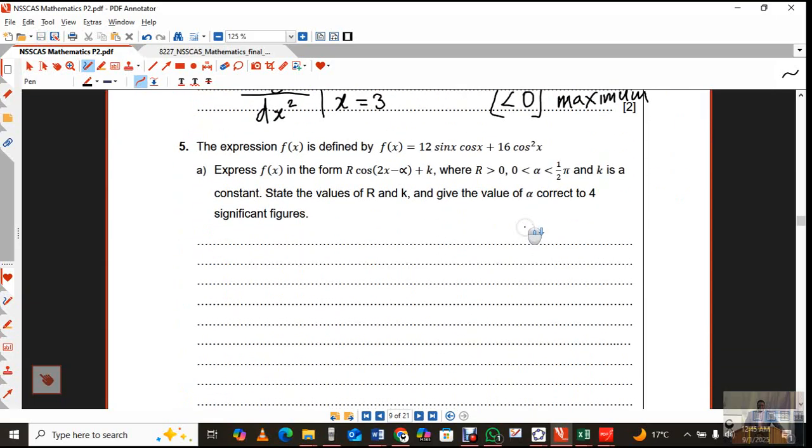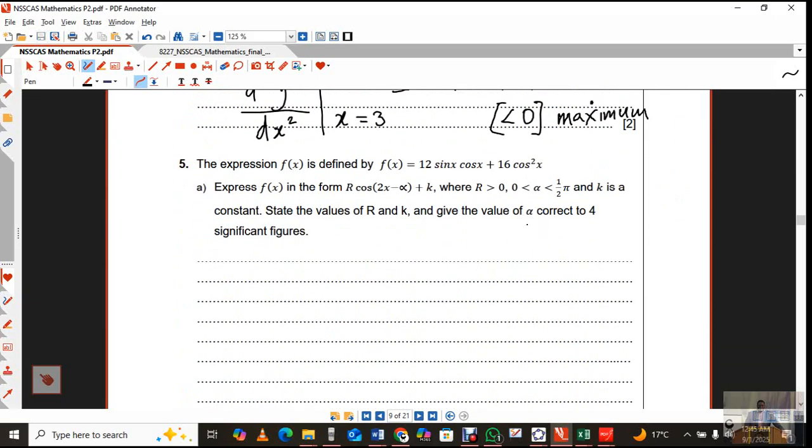Question 5. Now, there's a lot in this question. Maybe we'll have to add more pages as we go along. The expression f of x is defined by f of x is equal to 12 sine x cos x plus 16 cos square x. Now, there are a lot of identities here that you need to know.